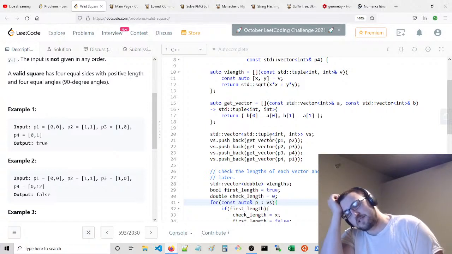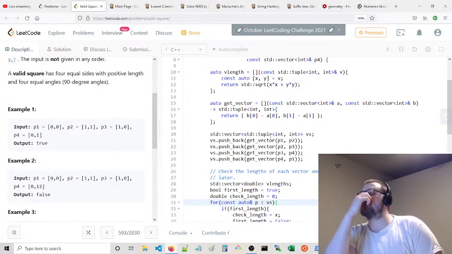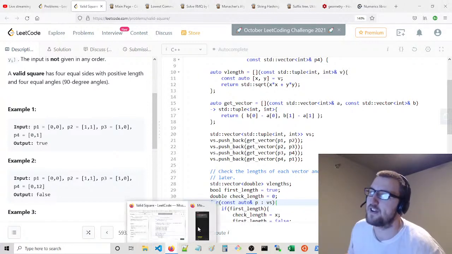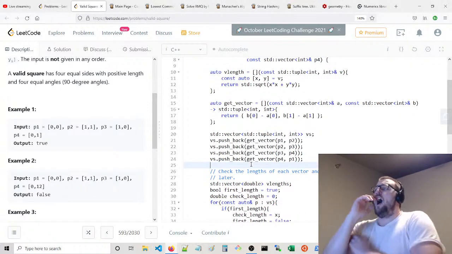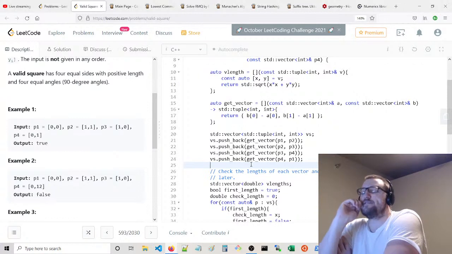Is there a way to ensure that the order gives us a square? I don't think so.